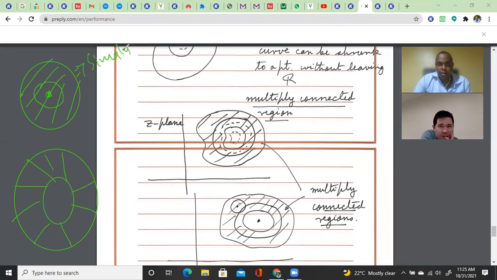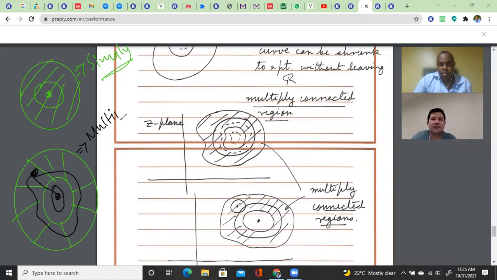But now take a closed curve on this other region and shrink it to this point. As you are shrinking it, you get to this part, you have gone outside the region, you have left the region. So this is going to be a multiply connected region.